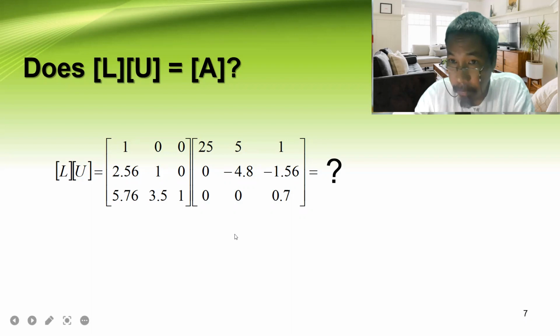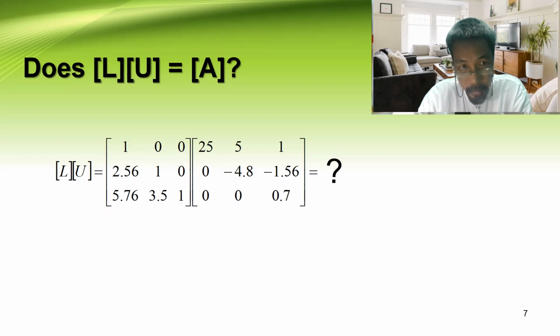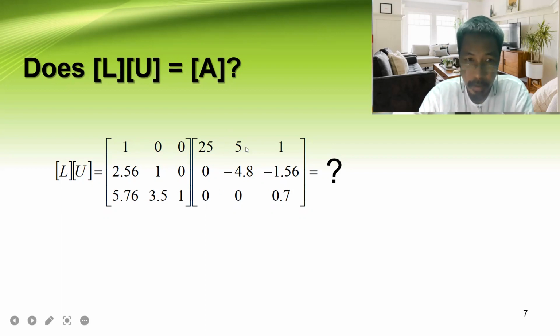So how do we multiply matrices? Multiply this one with this one. What is the value? 25. Multiply this one with this one. That is 5, because this is 0 and this is 0. And then for this value, multiply this one and this one, so 0, 0, that is 1.